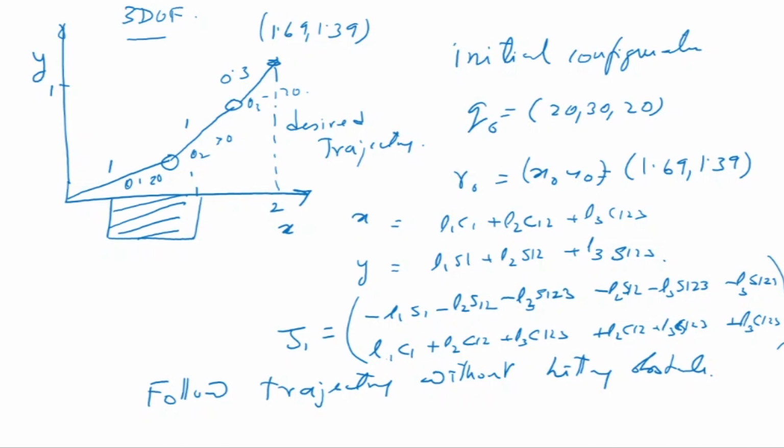Let me mark it in red. This is the trajectory I want to follow. So what is the equation of the trajectory? y1d, which is going to be my first task, y1d in terms of time is the trajectory I want to follow.